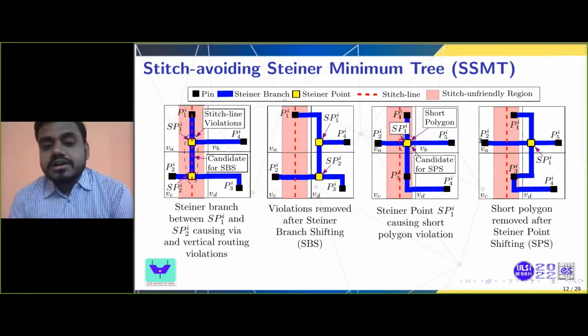Now the tree does not produce any violation due to the Steiner branch. Similarly, in the third figure, we have a Steiner point that causes short polygon violation. Hence, we perform SPS to remove it. However, shifting can increase wire length a little bit.